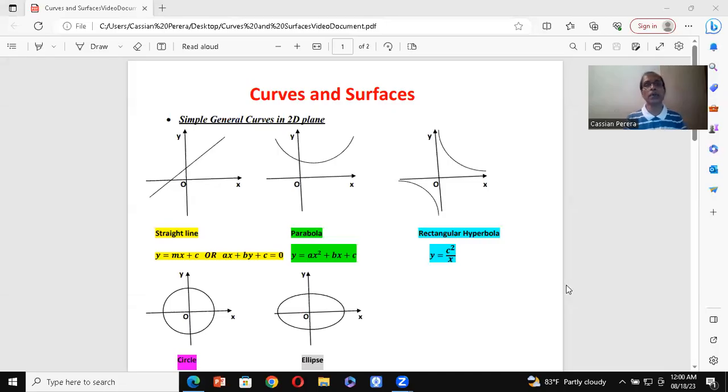Actually, I'm going to start from the beginning. Curves and surfaces. Actually, you have studied in advanced level also. Very simple general curves and surfaces. At first, let's see simple general curves in 2D plane.